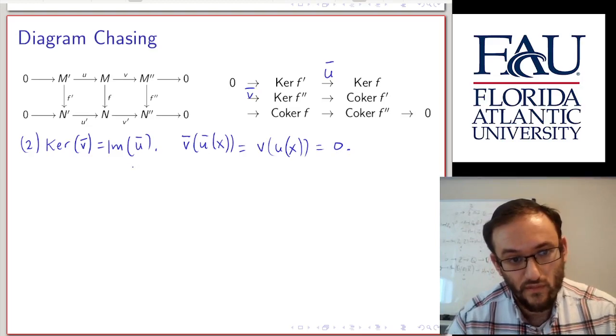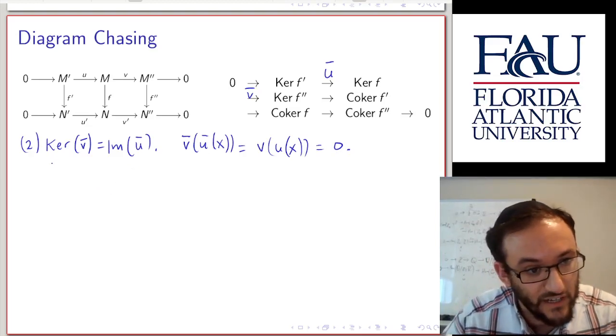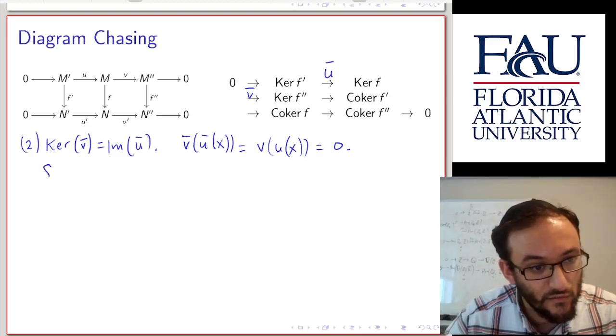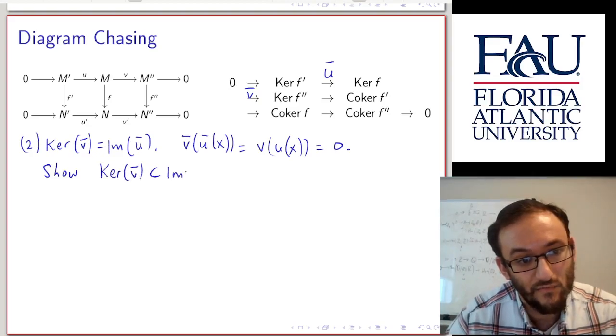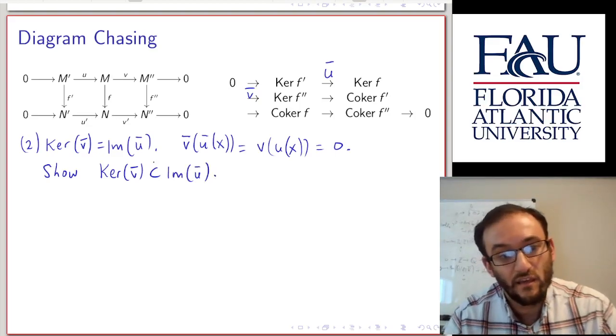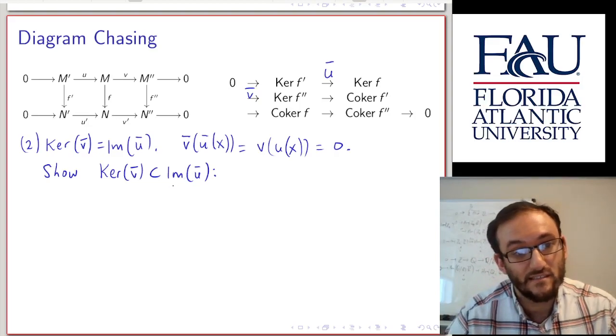So the image being contained in the kernel is not a hard direction. What remains is we want to show that the kernel of v bar is contained in the image of u bar. So if we have any element in the kernel of v bar, we need to find that it's in the image of u bar.